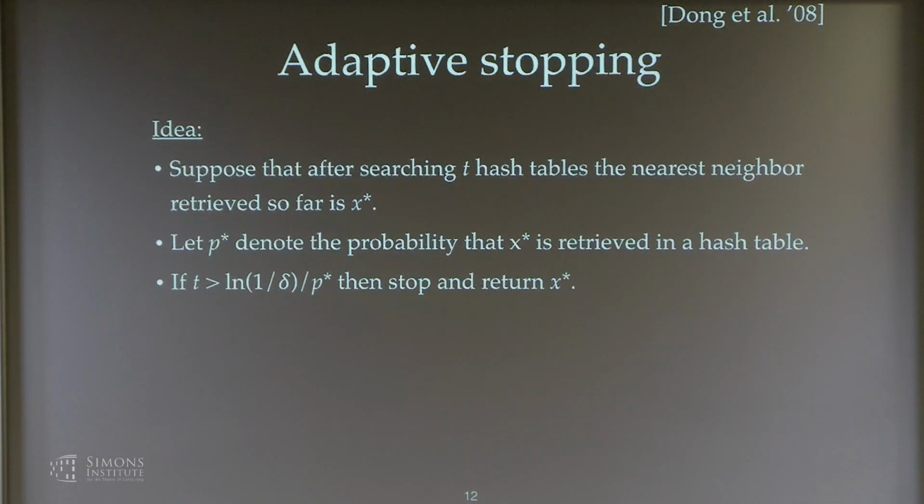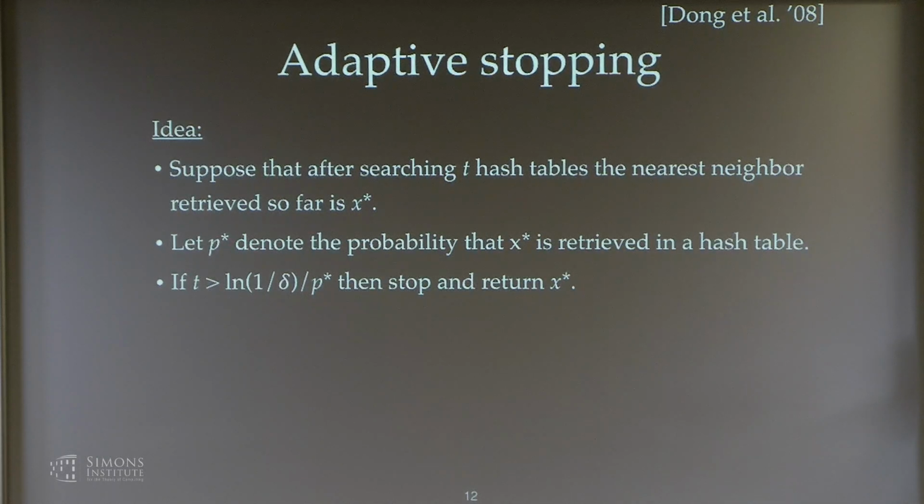Right? So let's suppose we can actually compute the probability of finding x star in a particular hash table. Okay. It's non-trivial how to do this, but let's suppose that we can get this probability, and let's call that p star.